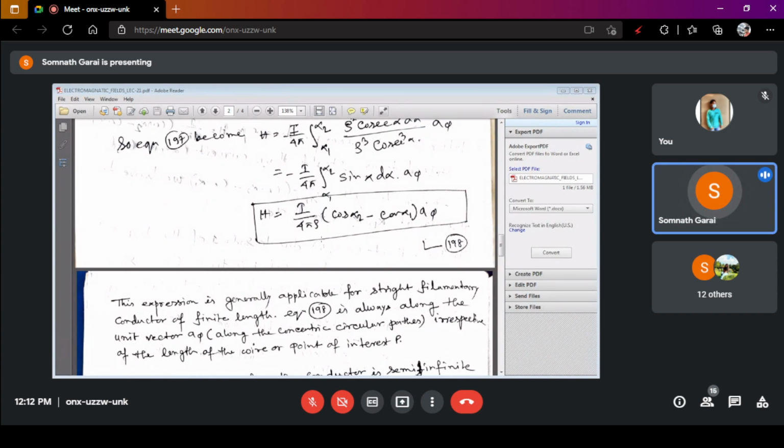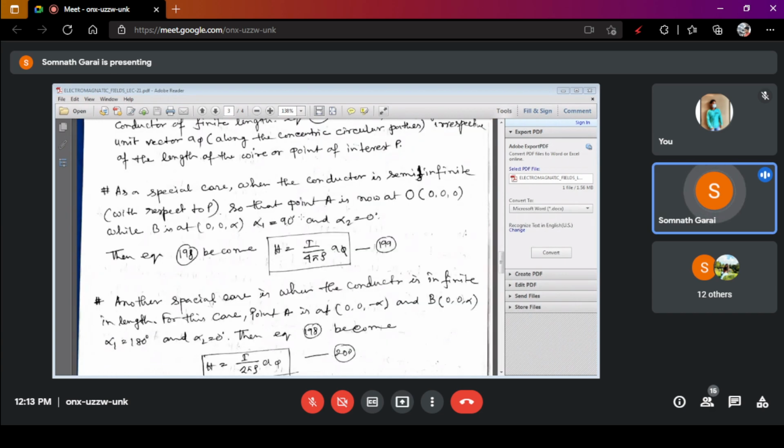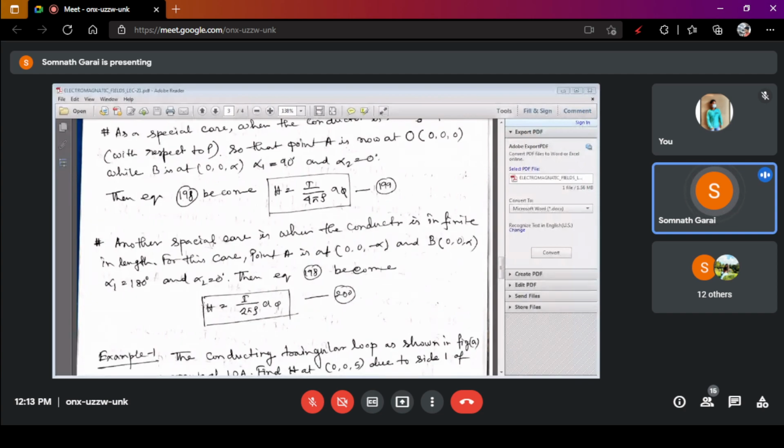So this equation becomes 2I by 4 pi rho when the length of the conductor is infinite. So H is equal to 2I by 4 pi rho. Then 2 and 4 cancel out, so the equation becomes H is equal to I by 2 pi rho A phi.